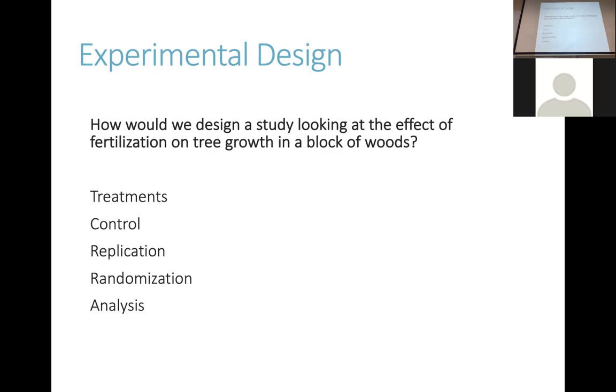We did four types of fertilizer, we could do the amount. So I would say randomization is randomizing which trees get fertilized and which don't. You would have a grid system, and you would pick this one, this one, this one, and this one.